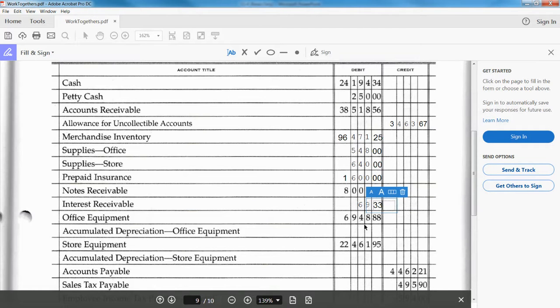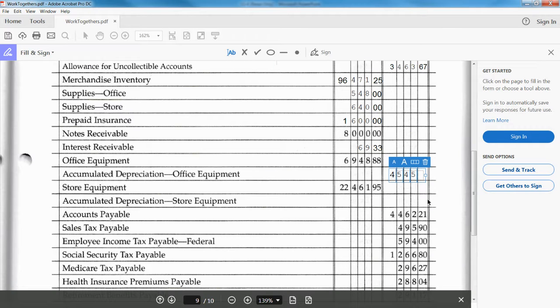Accumulated depreciation office equipment is a credit for $4,545.00.